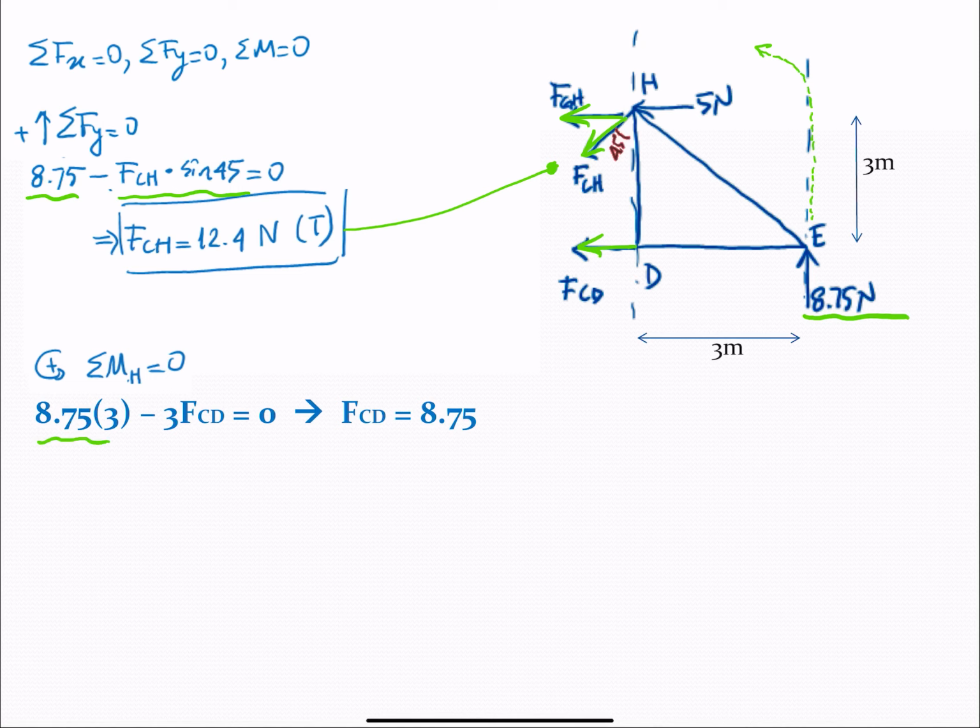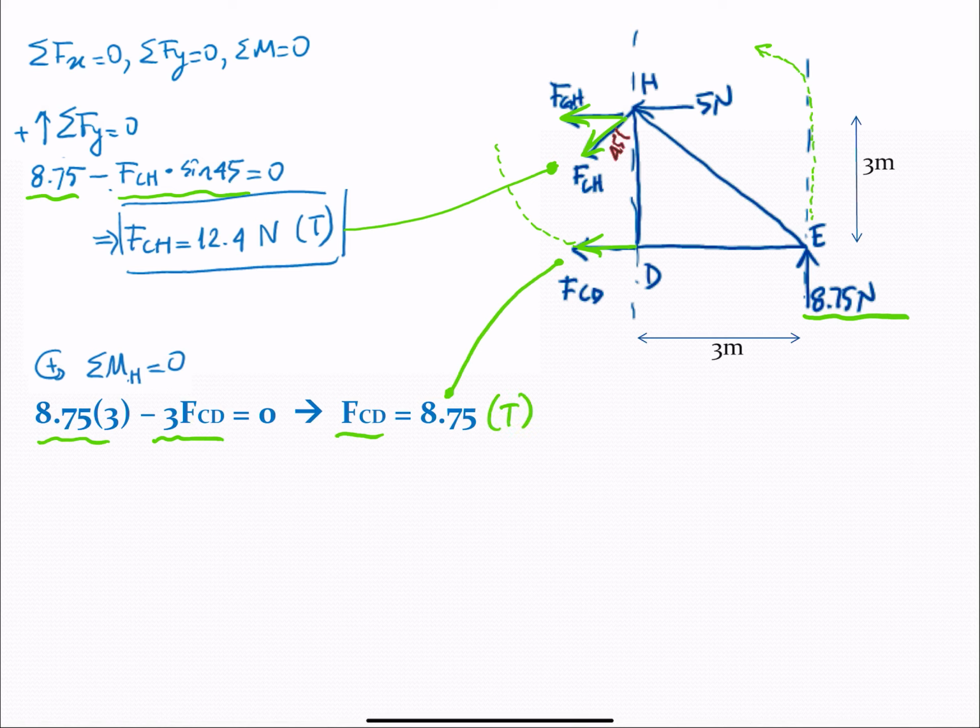And then I see a force FCD doing clockwise moment about H at a 3 meter moment arm, so minus 3 times FCD equal to 0. One equation, one unknown, I can find FCD as 8.75, positive. So the sign is correct, this force is in tension.